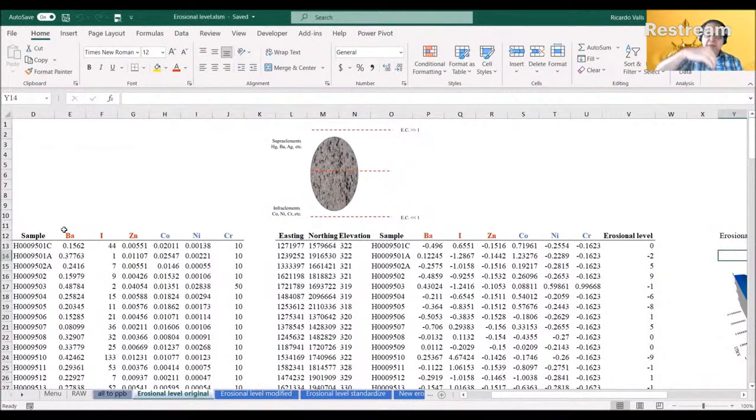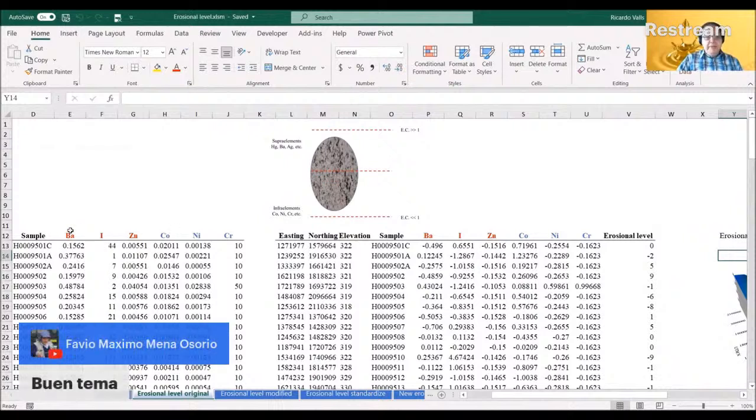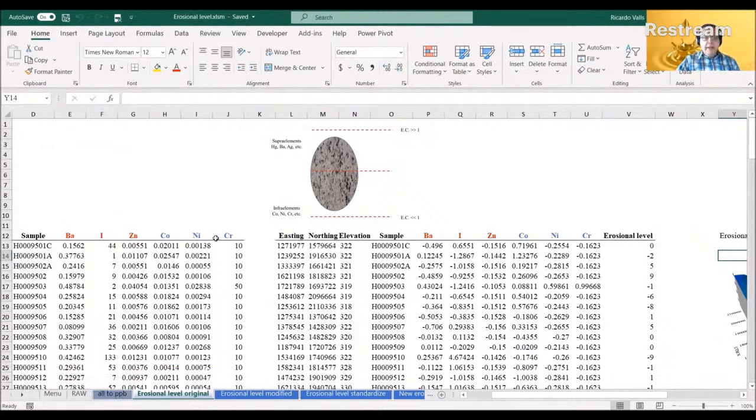They have the capability of going far, far away from the deposits. So they always tend to be supra elements. So we take the actual three elements. You can take two, you can take five, it doesn't matter. I'm taking three here. In this case, I select barium, iodine, and zinc, and infra, cobalt, nickel, and chrome.